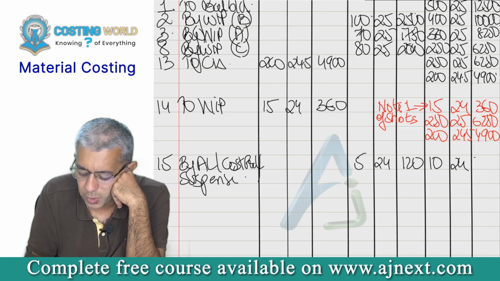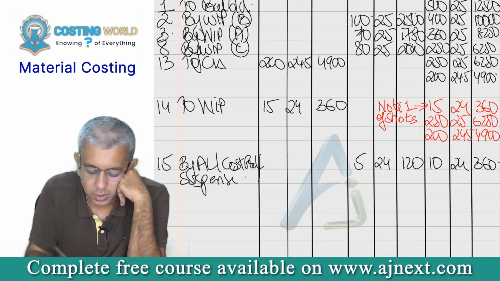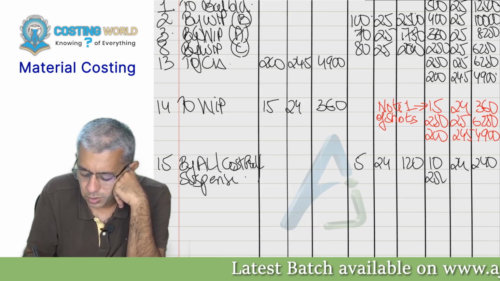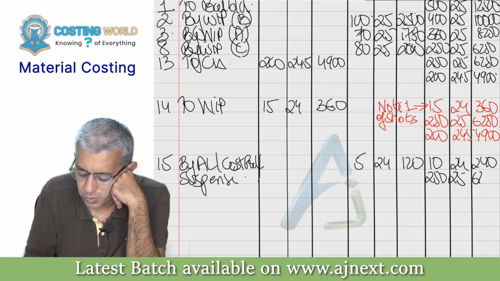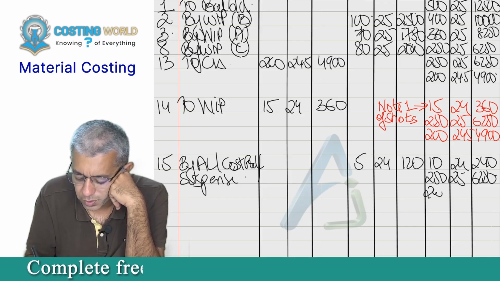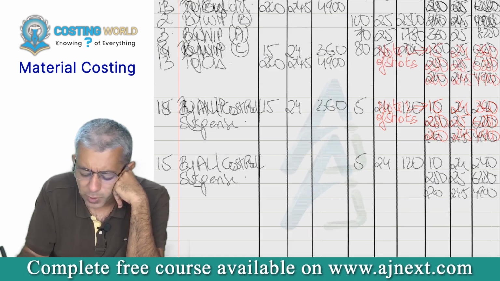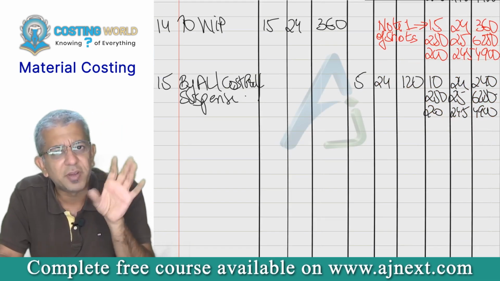Balance will be 10 at 24, 240, 250 at the rate of 24, 62 at the rate of 25, 6250, 224.5, 4900. You can keep leaving one line after every transaction date.